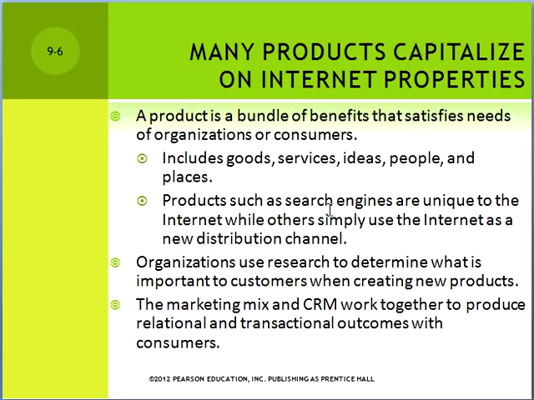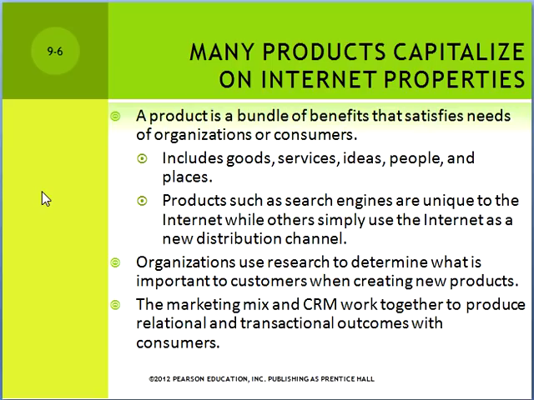Products such as the search engine, which is an online product, are unique to the internet, while others simply use the internet as a new distribution channel. So for example, in the case of books, when you are selling books online, you are using the capability of the internet to distribute your products all over the world, because that's an excellent new distribution medium.